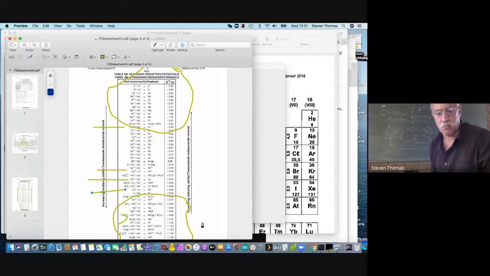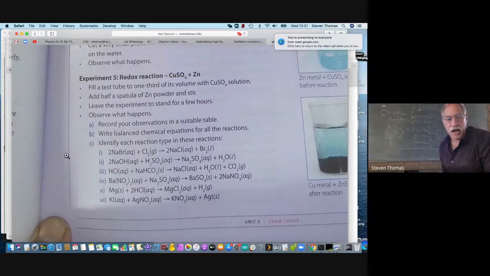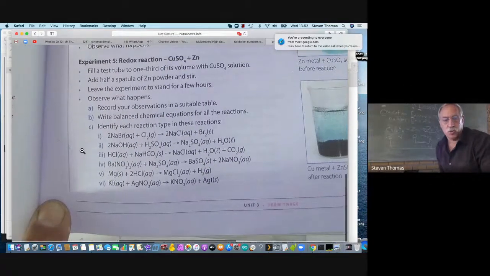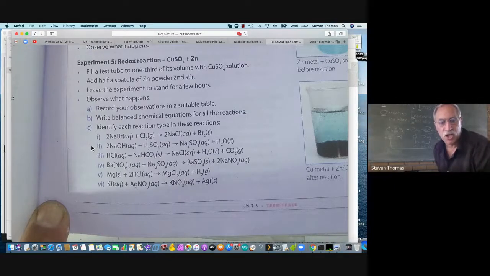Okay, let's go back to grade 10. Guys, could I ask you to copy down and do the same for all of those? Identify which is oxidized, which is reduced, and write their oxidation numbers.